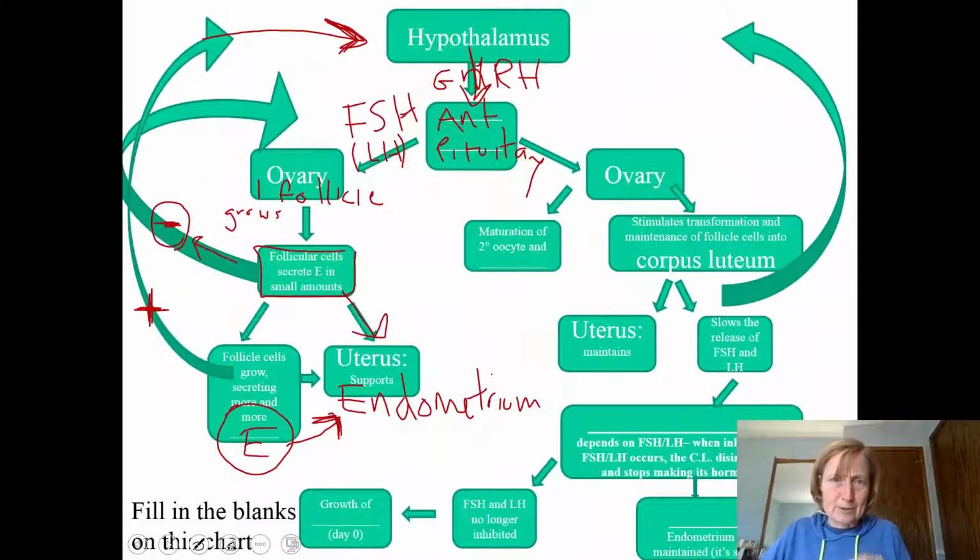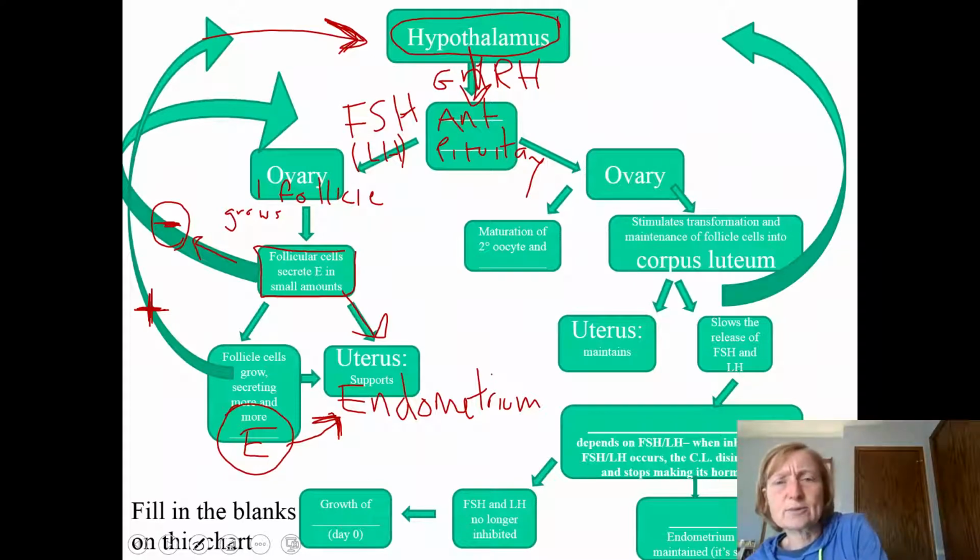Let's go back down to our flow chart here. So around day 10 to 15, the hypothalamus releases a whole bunch of gonadotropin-releasing hormone. That causes the anterior pituitary to release this surge of FSH and LH. So the anterior pituitary releases a lot of LH, and you can put FSH in there too, but a surge of LH.